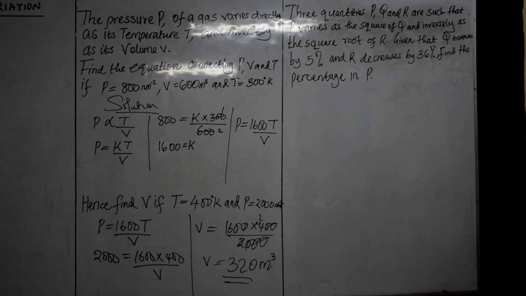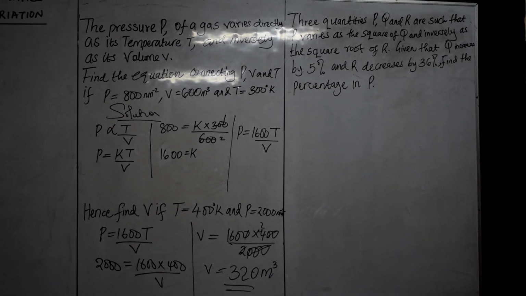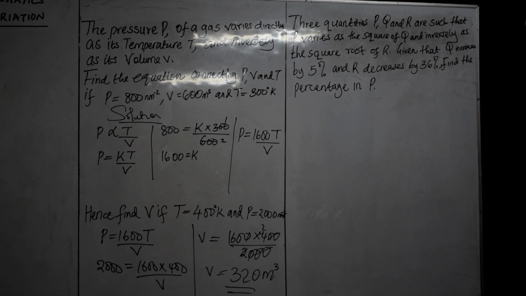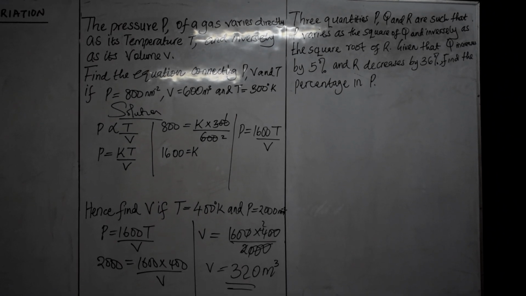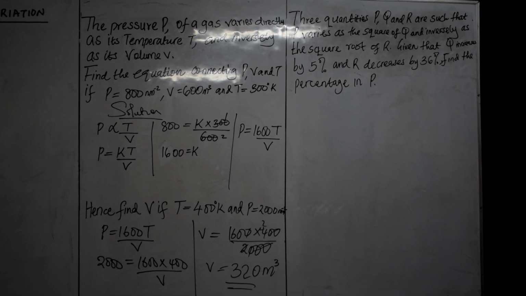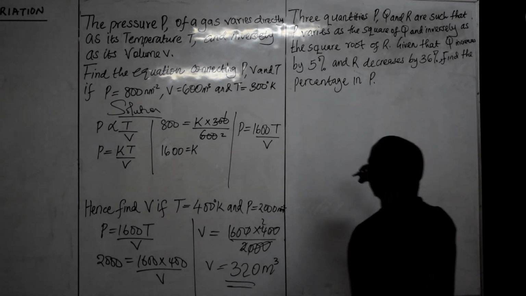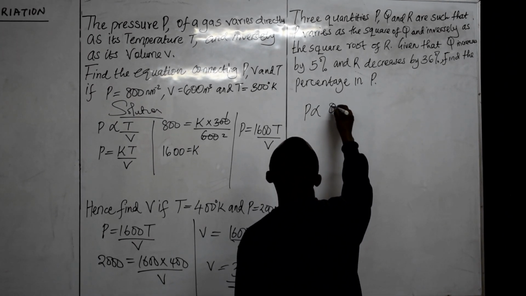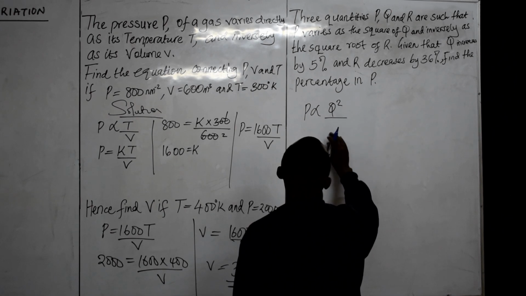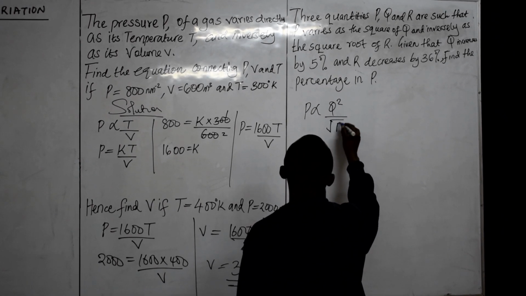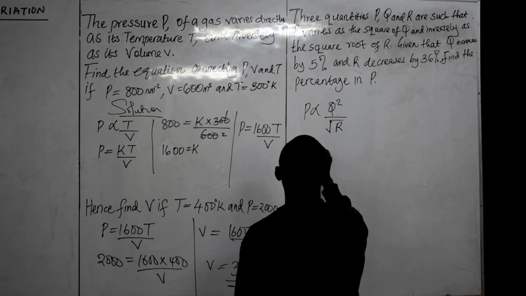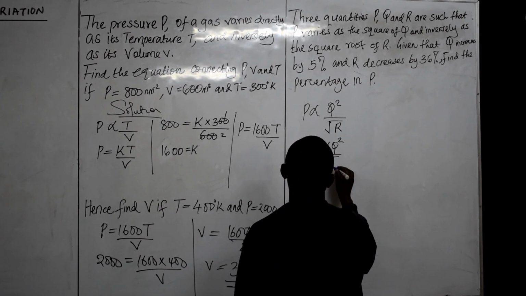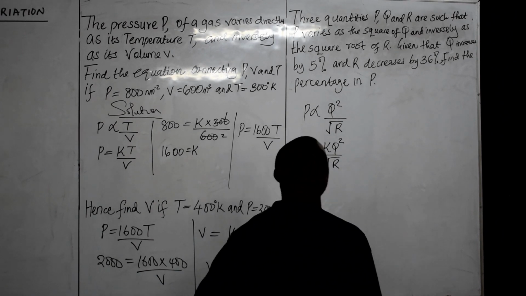Next, three quantities P, Q and R are such that P varies as the square of Q and inversely as the square root of R. So the first part will give us variation as the square of Q and inversely as the square root of R. Therefore this will be P equals KQ squared over root R. That's the first part.